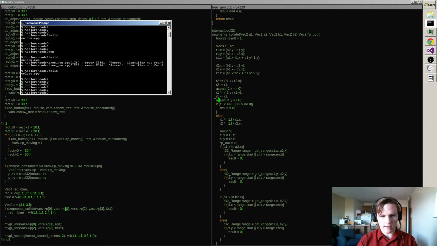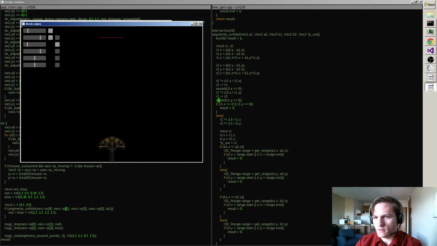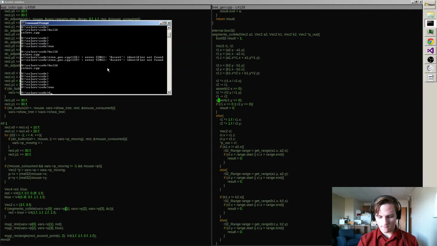Yes, I have little a assert. Okay. There we go. So you can see I've definitely gotten to a position where r1.x was 0, but I'm not sure why that would be so. So what I'd like to do now is begin debugging this with a debugger so I can step through the code.